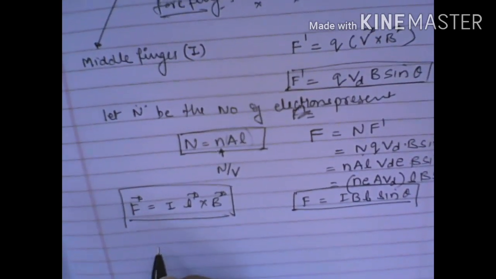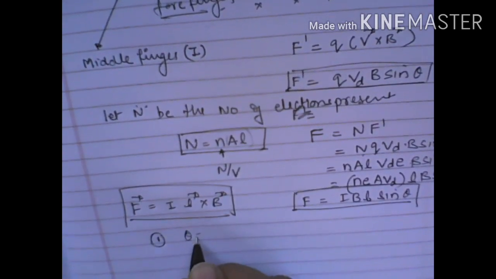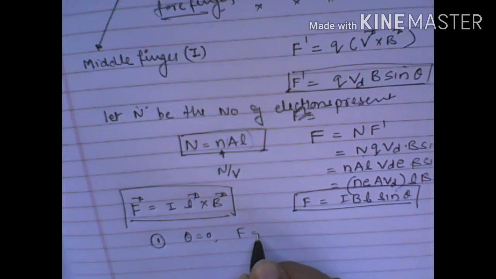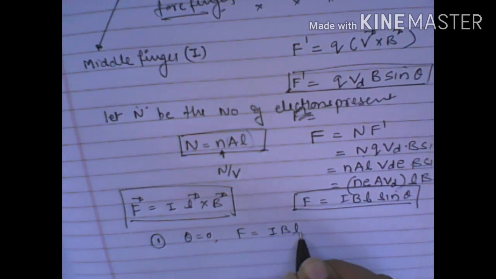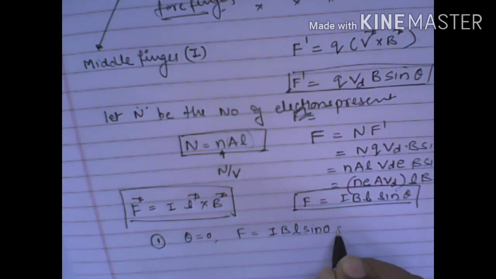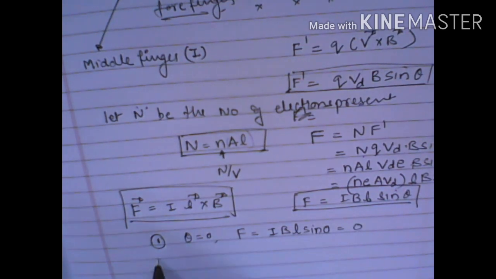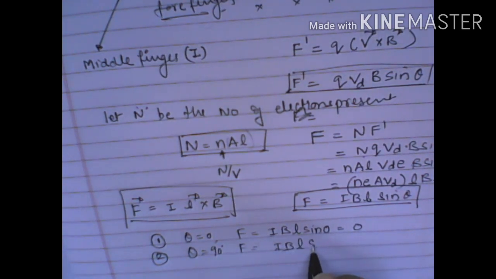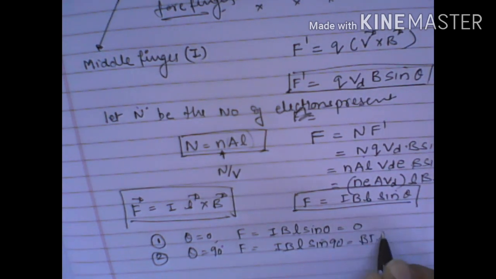So case 1, if theta is equal to 0, F is equal to I B L into sine 0, and sine 0 is 0, so force is equal to 0. Correct? And second case, if theta is equal to 90, F is equal to I B L sine 90. Sine 90 is 1, so it is B I L. This is the maximum force acting on it. Okay, I hope you understood this much.